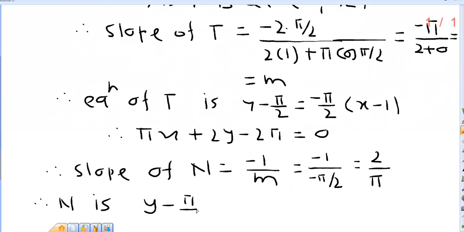Y minus pi by 2 equal to slope, which is 2 upon pi, into x minus 1. Now multiply throughout by 2 pi and tell me what is the answer.